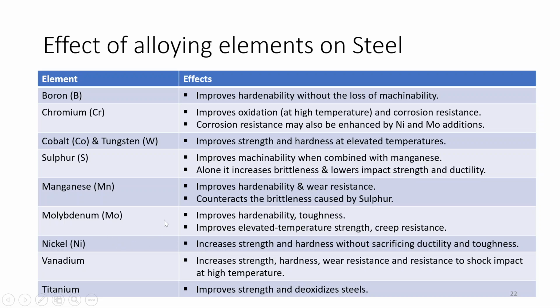Molybdenum has a much bigger atom compared to nickel, so if you're replacing iron with it, it affects ductility more. Nickel will reduce ductility, but not as much as other elements. So ductility and toughness are retained when you add nickel, because nickel is FCC in nature, so it has its own ductility as well. Clear, ma'am. Okay.